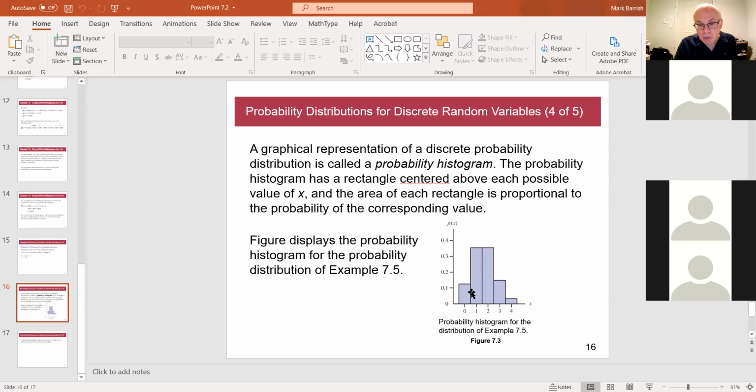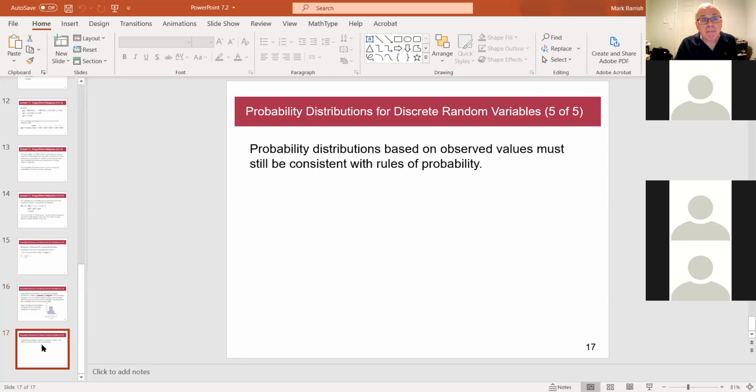Looking at this, for example, probability of X equal to 0, you know it's between 0.1 and 0.2, but you don't know what that number is, right? You can't tell. And you certainly can't tell when X is 4 either. So a table is in most cases superior to using a histogram. All right, and that is section 2.